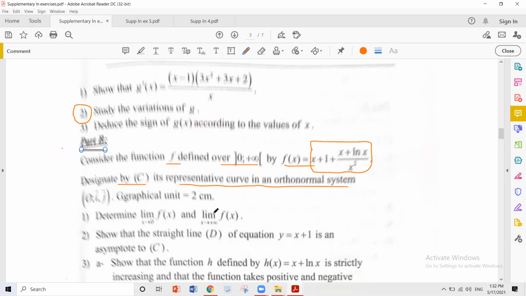Calculate the limit as x tends to 0 and the limit as x tends to plus infinity. How much is the limit as x tends to 0?